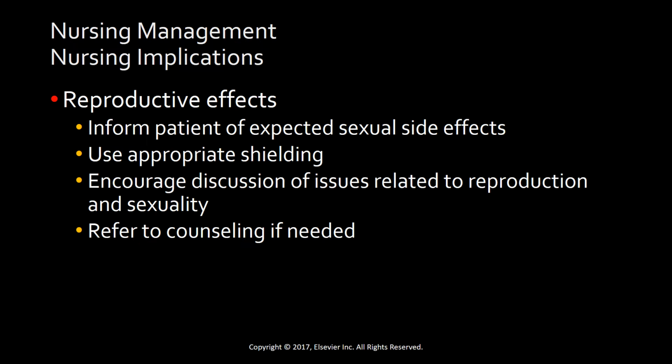Reproductive problems often occur when reproductive organs are included in the radiation treatment field and when alkylating agents are used. It is important that this is also discussed with childbearing individuals and that the patient and partner should be provided information and education about the expected effects of treatment related to reproduction and sexual issues.